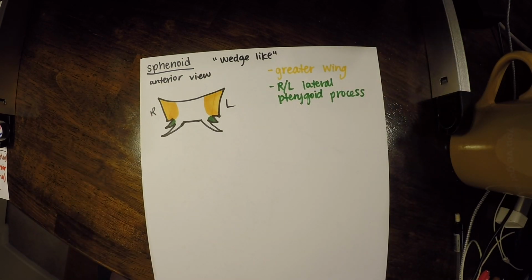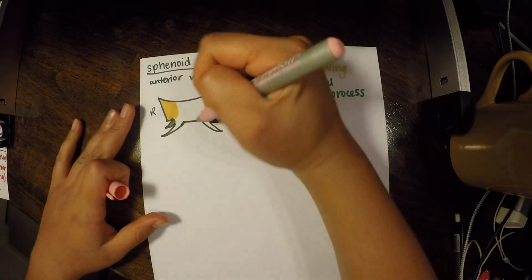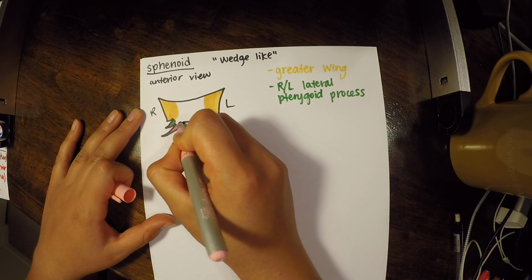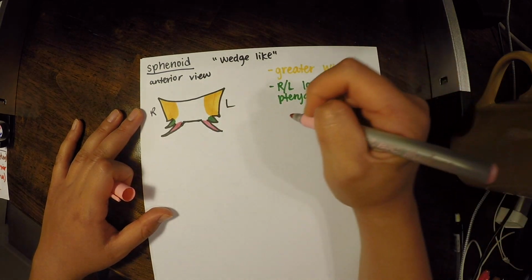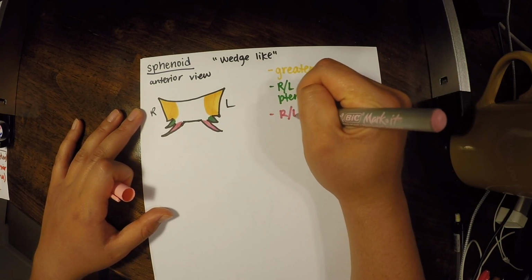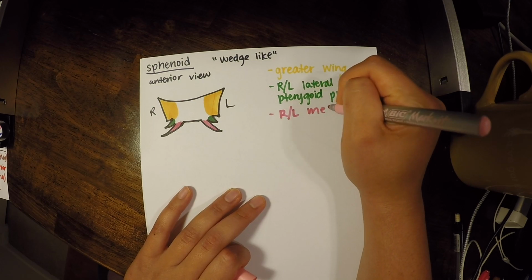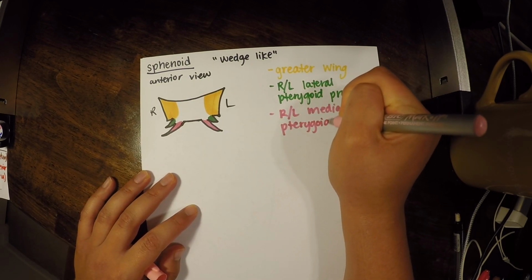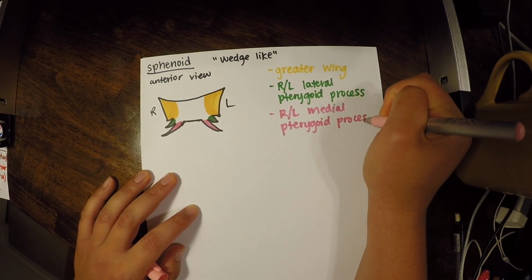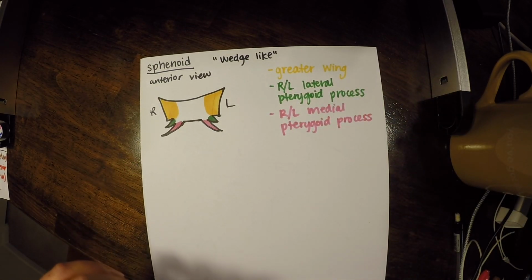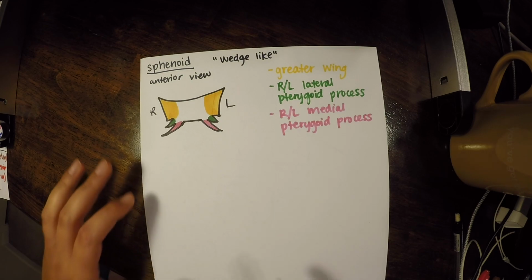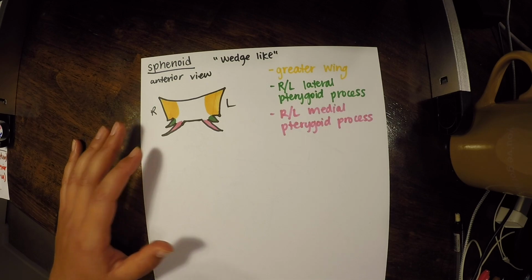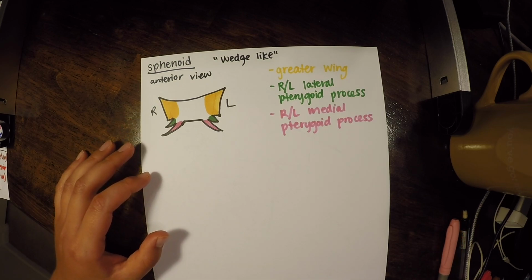And then since we have that lateral, what else do you think we're going to have here? That's right, you guessed it. It starts more medially here, so it's going to be our right and left medial pterygoid process. So that's all I want you to know for now. Again, there is a lesser wing up here and some other parts, but these are the main pieces I want you to know of the sphenoid.